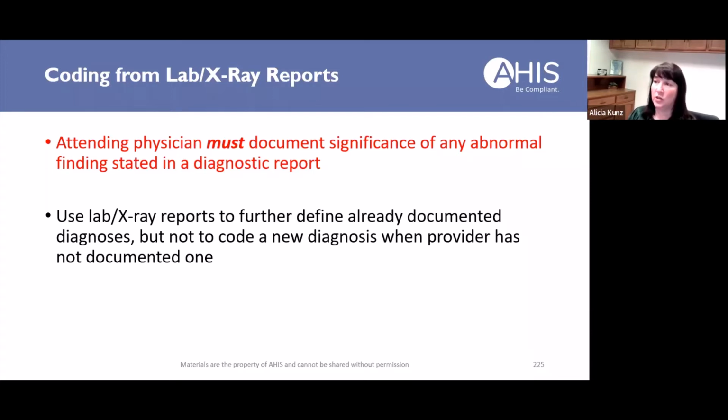So again, we can't just look at an x-ray report or a lab and start coding from that. We have to have the physician document the diagnoses first, but those are great tools to help us assign the best, most specific codes when we are coding.